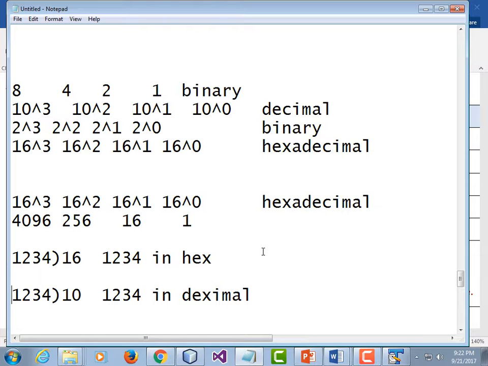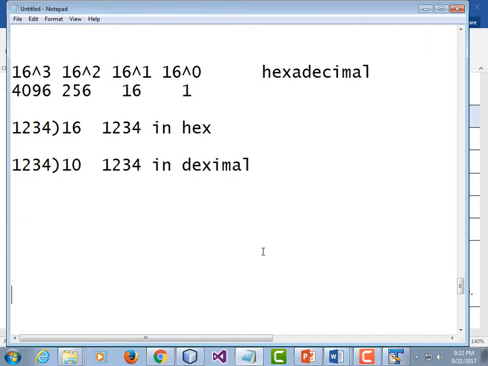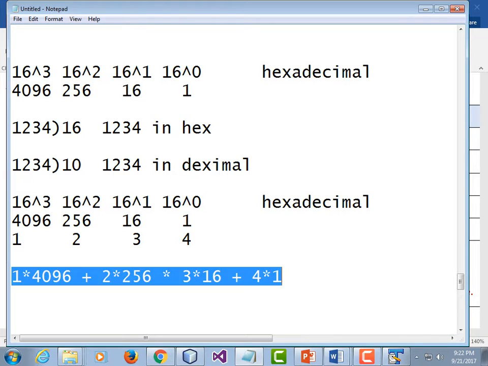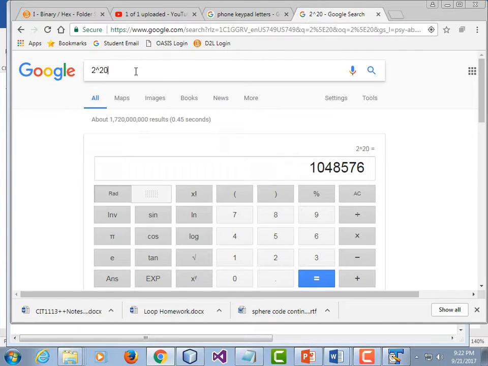Why is that? Well, let's take our little counters here again, and let's type in a 1 and a 2 and a 3 and a 4. So this is 1 times 4096 plus 2 times 256 plus 3 times 16 plus 4 times 1. And I can't do that in my head, so I'm going to allow Google to do it again.